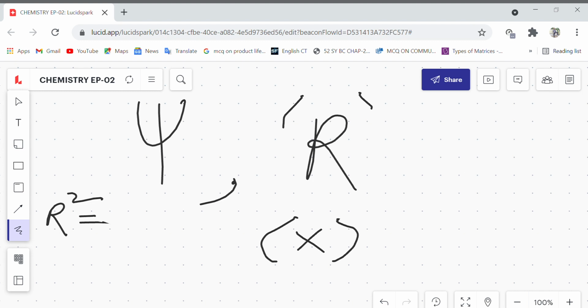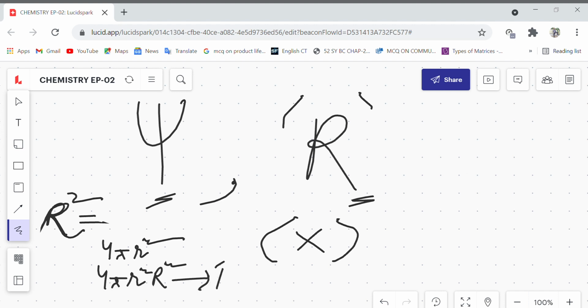We can write it as 4 pi R square capital R square, which is also called radial distribution.